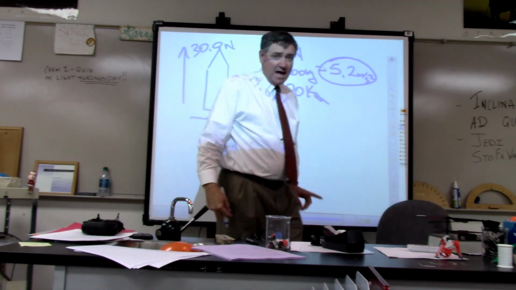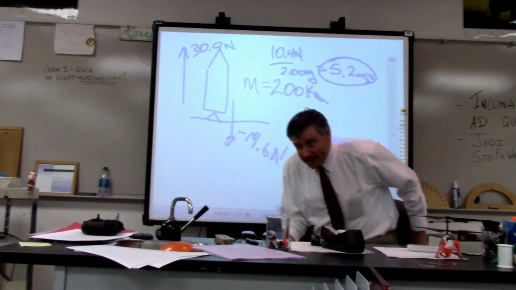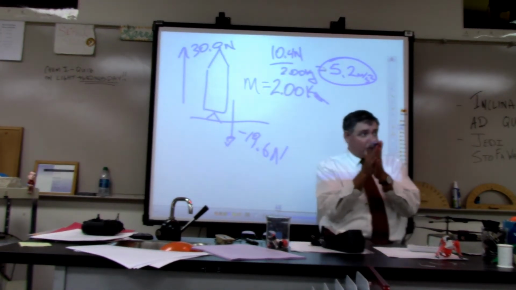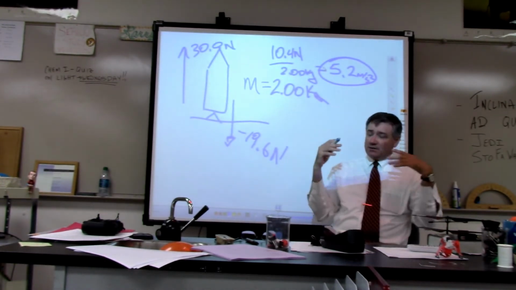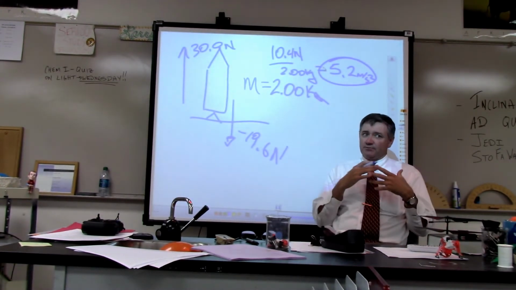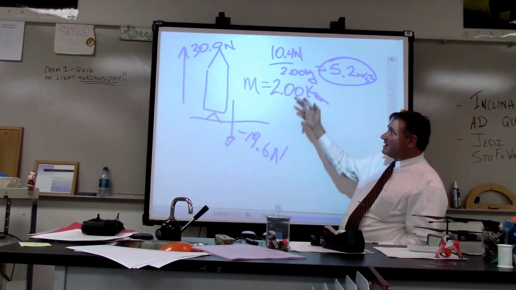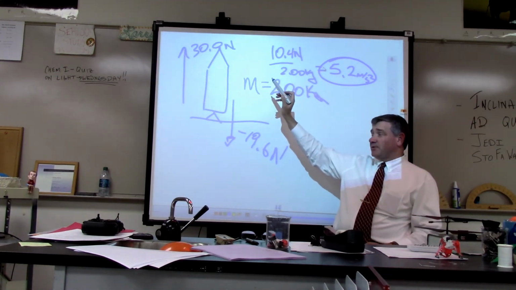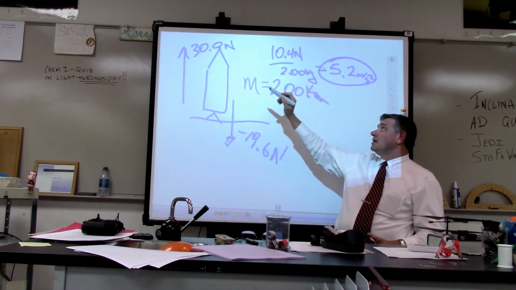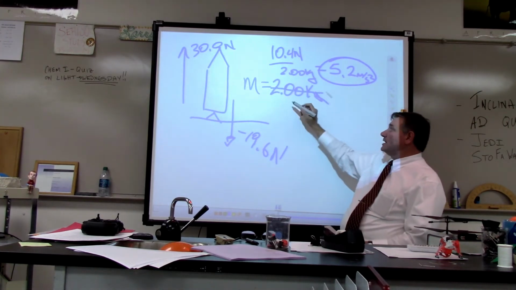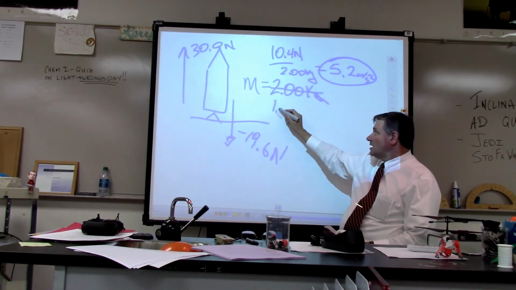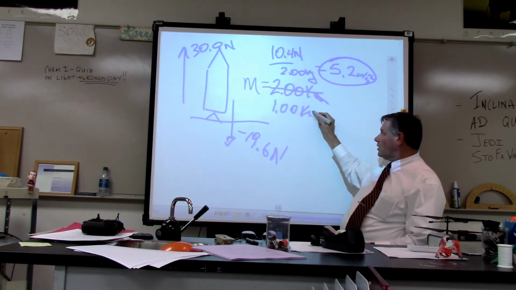Now, interesting thing happens. All rocket engines are rated at a certain value, okay? You're going to fire them at full throttle, and that's what they can do, 30 newtons. So let's say that I take that same rocket engine, 30 newtons, but then I put it in a rocket that only has a mass of 1 kilogram.